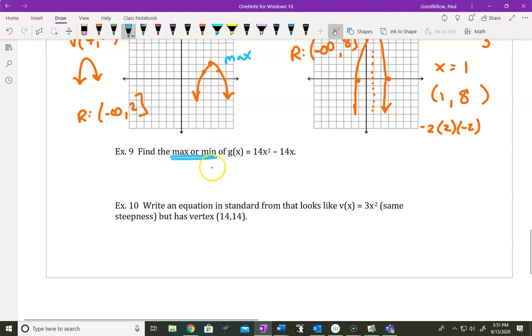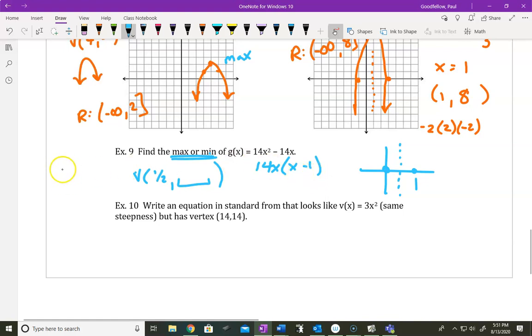Mins and maxes are going to be basically based on vertices. So I would say the easiest way to take care of this would be to factor it and get x minus 1. And ultimately those two roots would be 0 and 1. And halfway in between those two would be 1/2. So the vertex is at 1/2 comma. And if you didn't do it this way, you probably grabbed your calculator, you cheater. Now you would plug in the 1/2 back inside there and see what you got.